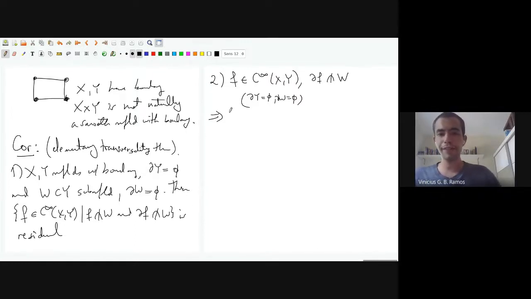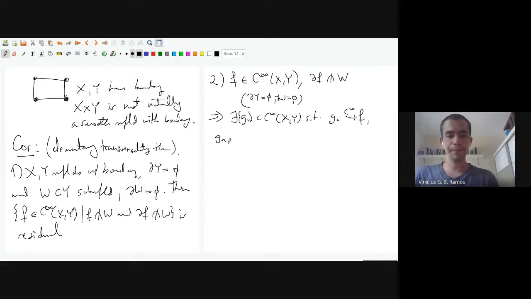So there exists a sequence Gn of smooth functions such that Gn converges to f in the C-infinity topology, Gn is transverse to w everywhere in x, and Gn is identically equal to f in a neighborhood of the boundary of x.